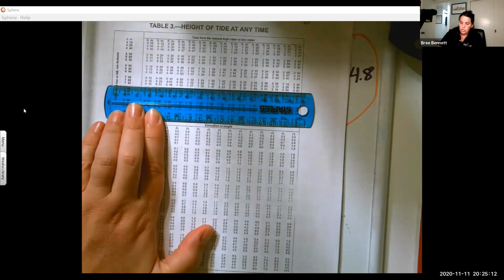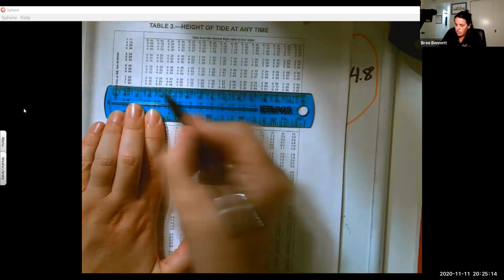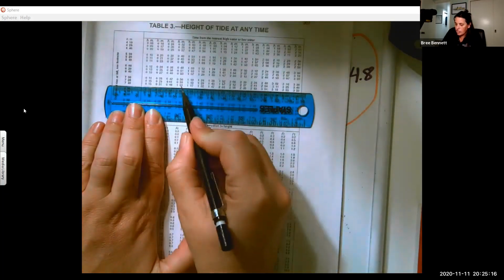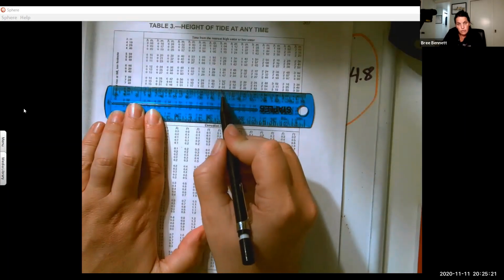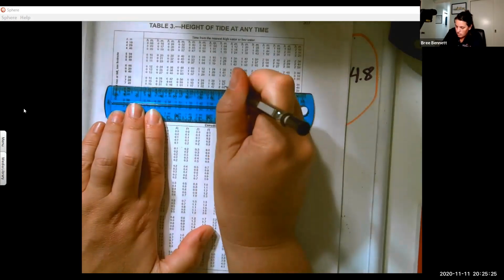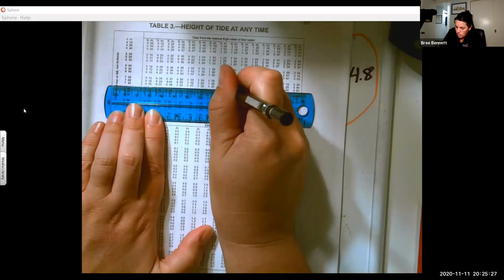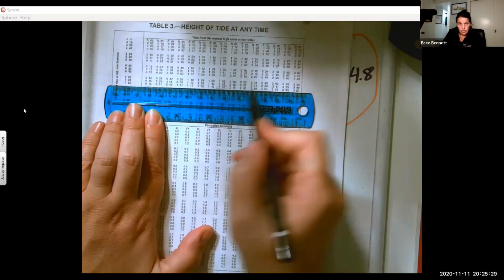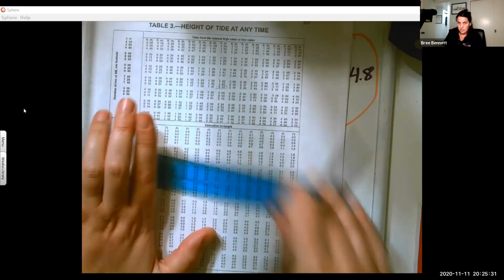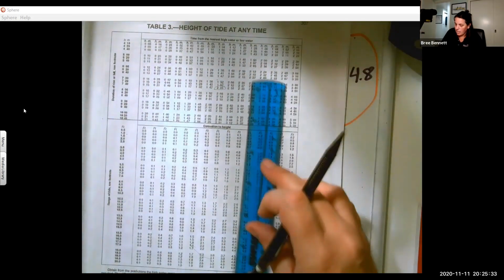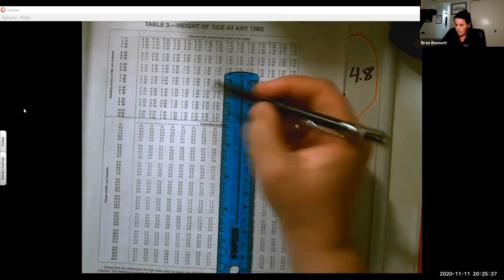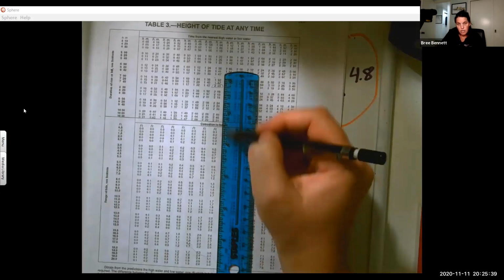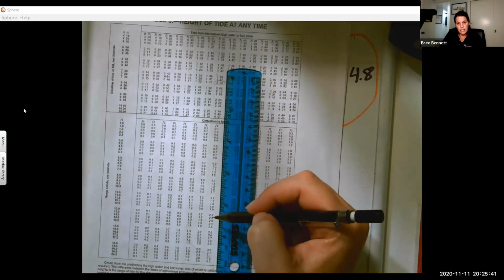So I'm just going to go across until I find 2 hours and 1 minute. I found 2 hours and 3 minutes. Close enough. I just circled it there. That is telling me that I'm going to be somewhere in this column on the lower half of my page.